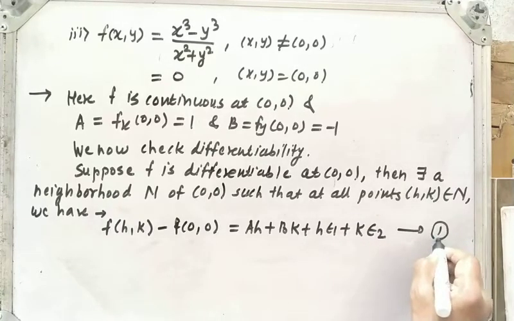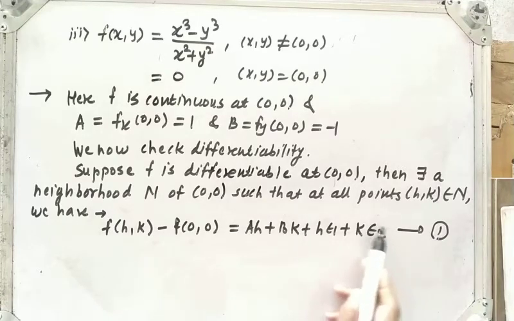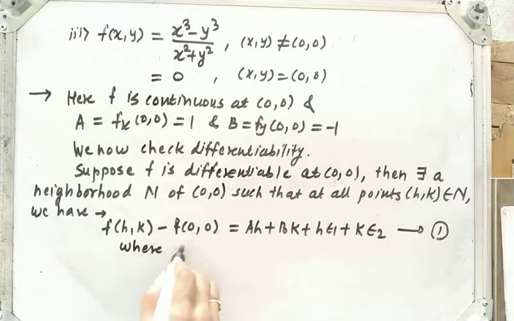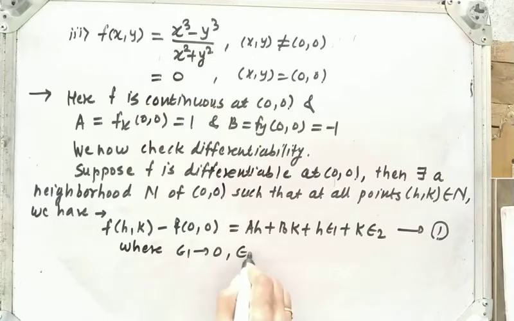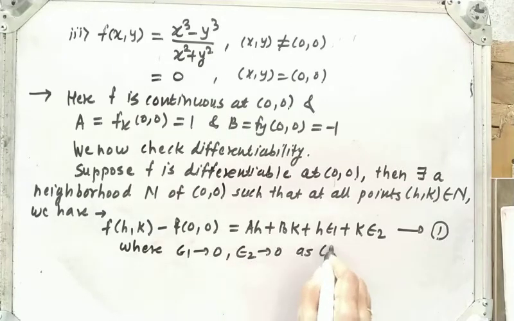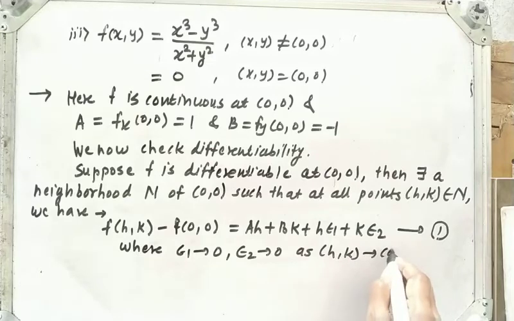Let us call it equation 1. If the function is differentiable at 0, 0, the function will satisfy equation 1. Now, in this equation epsilon 1 tends to 0, epsilon 2 tends to 0, as h, k tends to 0, 0.